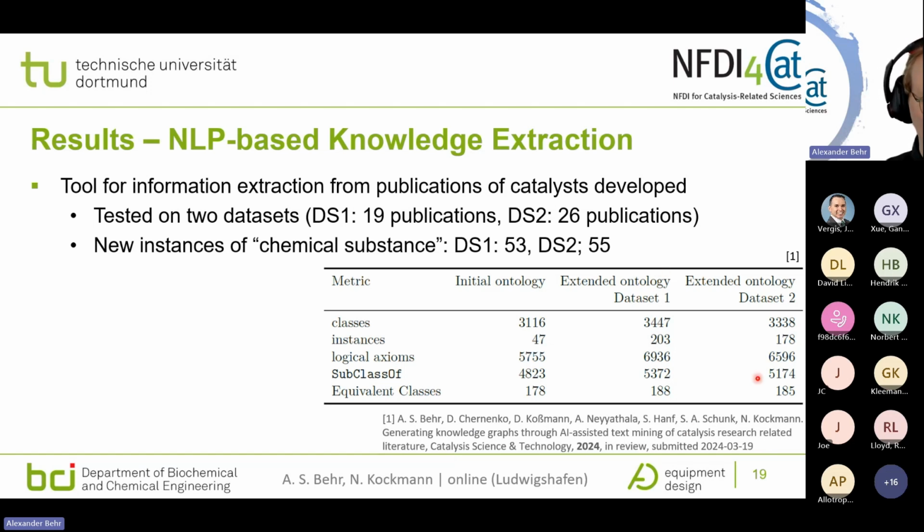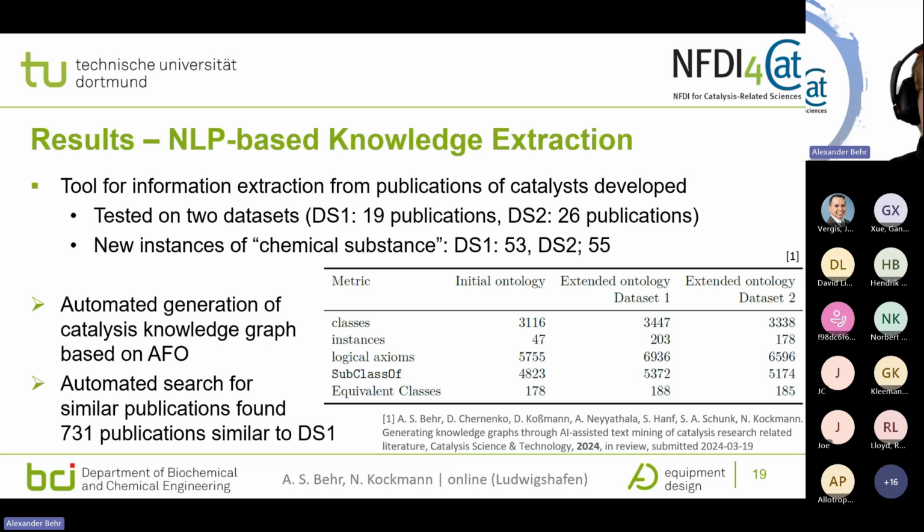Here you can see how many classes, instances, and so on were created. So quite a few. And with this, we were able to generate, as I told you before, automatically a knowledge graph based on catalysis scientific literature knowledge, based on the Allotrope Foundation Ontology.